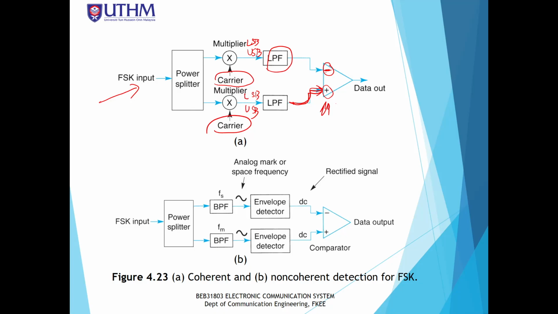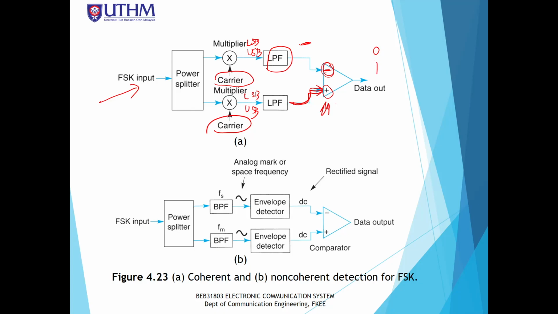Whatever the output here, it will be added with the minus, so you're going to produce a minus. If it is a minus, it means logic 0. If it is plus, you're going to produce logic 1.